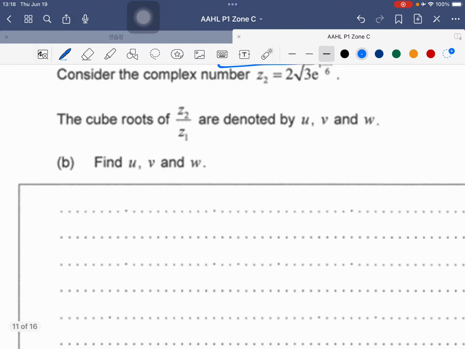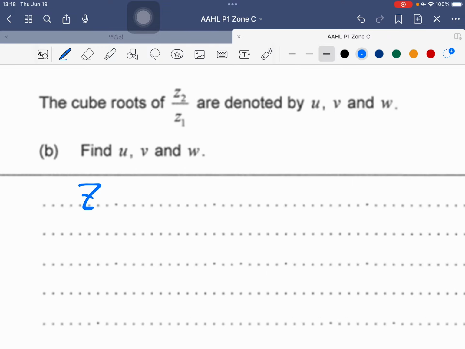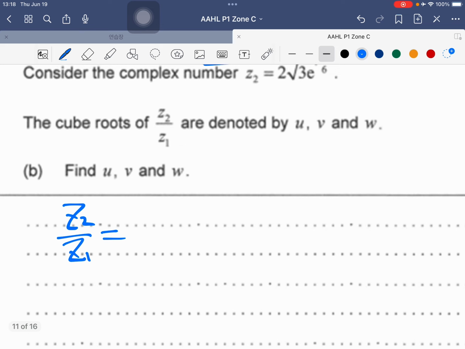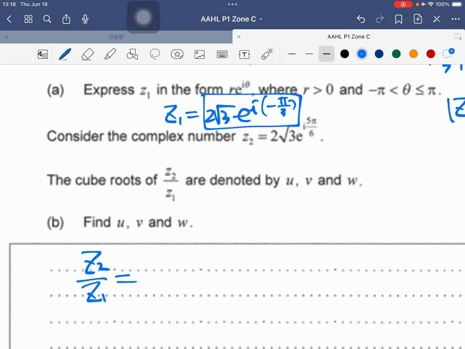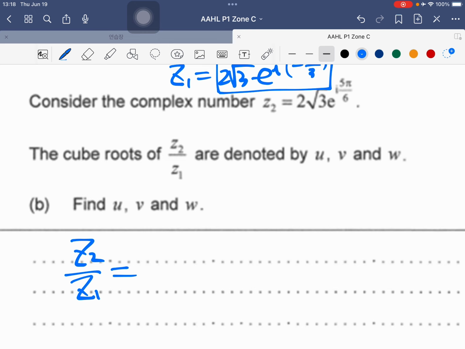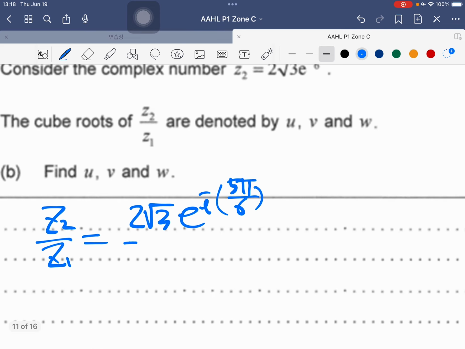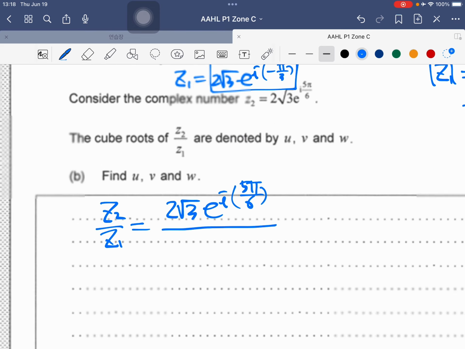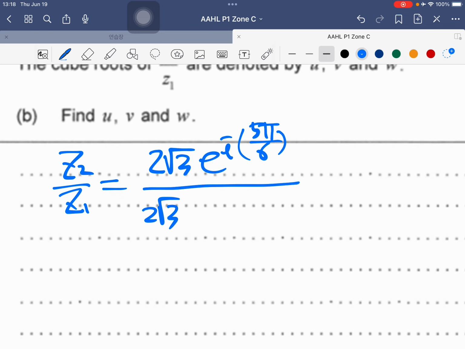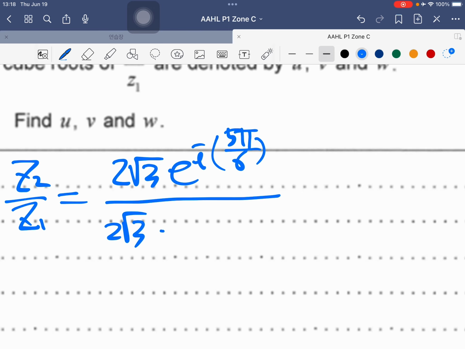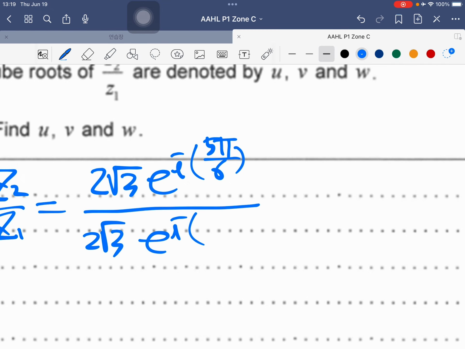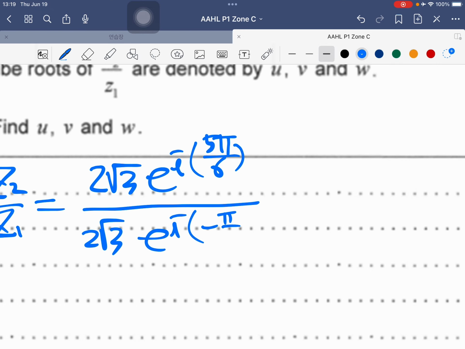let's find z2 over z1 first, because we know all of these things in Euler form. So z2 is 2 square root of 3 e to the i of 5 pi over 6, over z1, which we already got, 2 square root 3 e to the i of minus pi over 3.